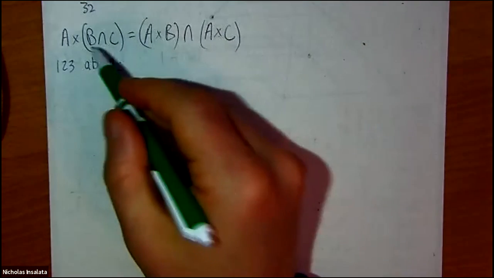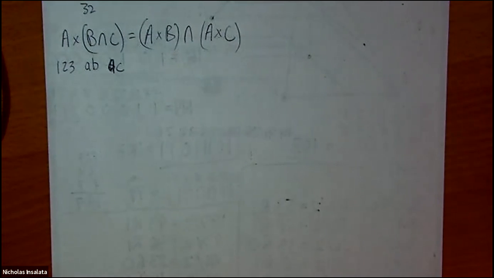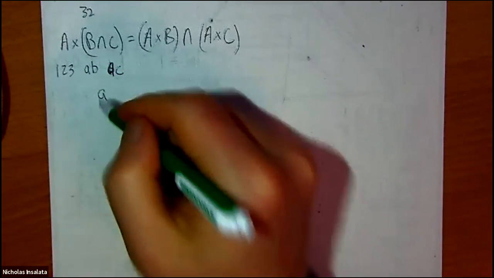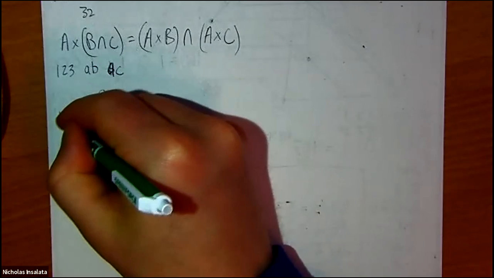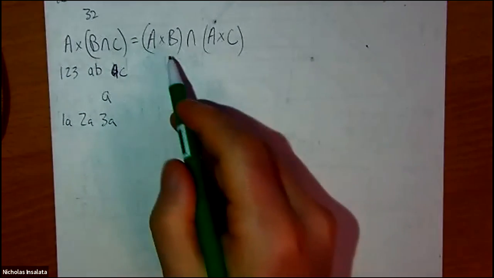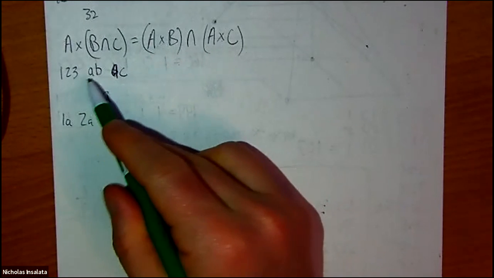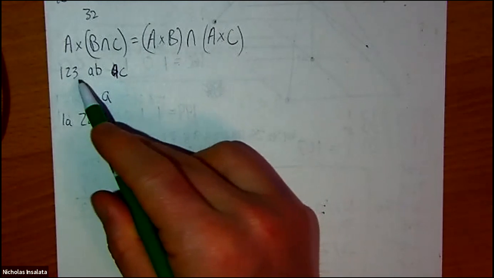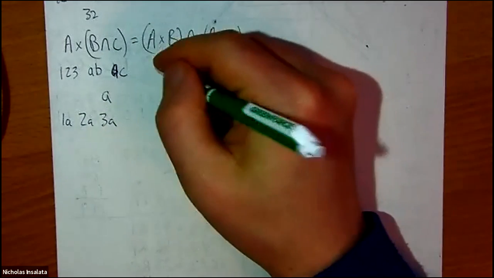Well, what's the intersection B intersect C? A, right? So on the left side, we would have 1A, 2A, and 3A. Okay, what are we going to have on the right? Well, now we'll have 1A, 1B, 2A, 2B, 3A, 3B, right?